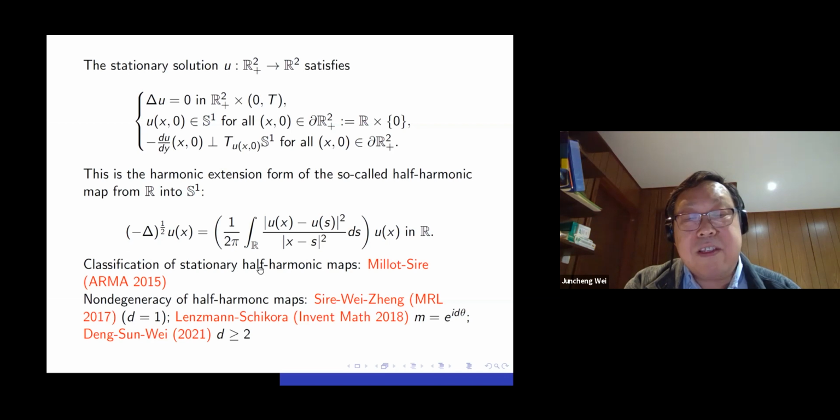The classification of stationary half-harmonic maps was done by Millot and Sire, and then for the non-degenerate half-harmonic maps we have the result for degree 1, and Nahon and Schikorra proved the non-degeneracy for general degree, but with the map u equal to e to the i d theta, and recently we have a complete non-degeneracy result for any degree, and for any half-harmonic map.